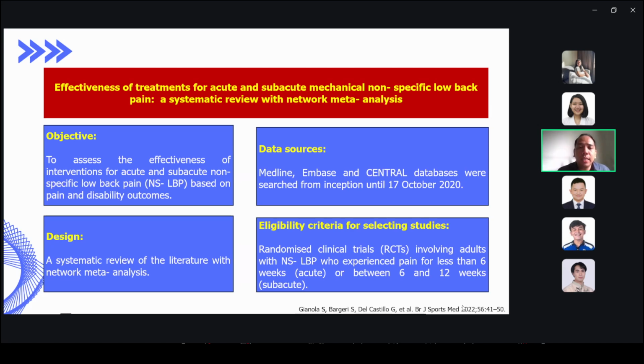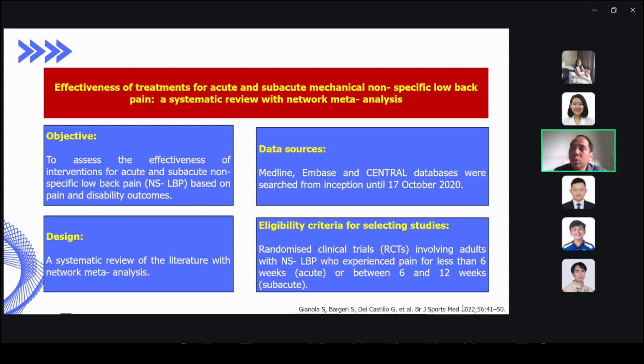So this study assessed the effectiveness of interventions for acute and subacute non-specific low back pain based on pain and disability outcomes. The design is a systematic review of the literature with network meta-analysis, and yung references niya or sources from the Medline, Embase, and Central databases were searched from inception until October 17, 2020.